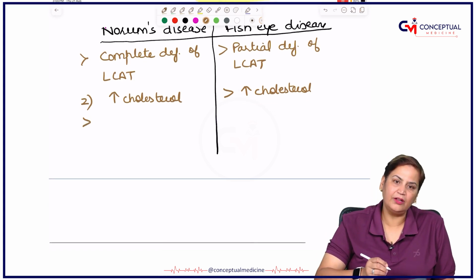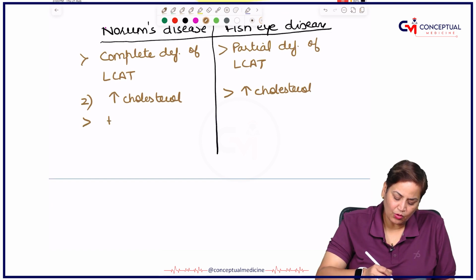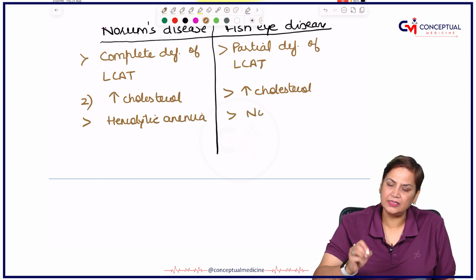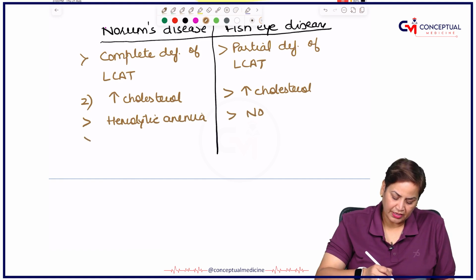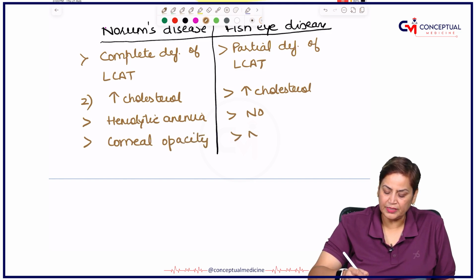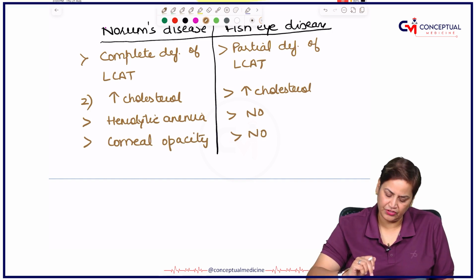Now third important difference is here hemolytic anemia will be there. Here no hemolytic anemia is there. Fourth is corneal opacity will be there. Here no corneal opacity is there because it is just partial deficiency.